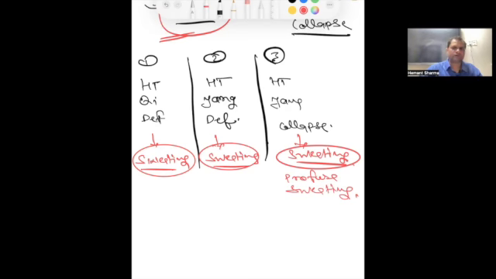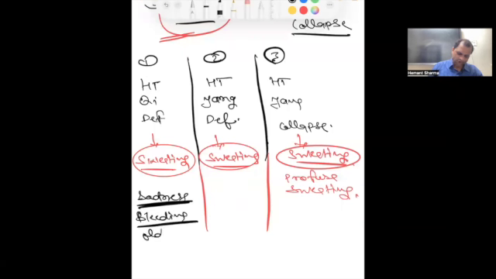So in this condition, there are 3 things we need to remember. The heart deficiency because of the sadness, because of the bleeding, and because of the old age. These are the 3 causes of heart deficiency.